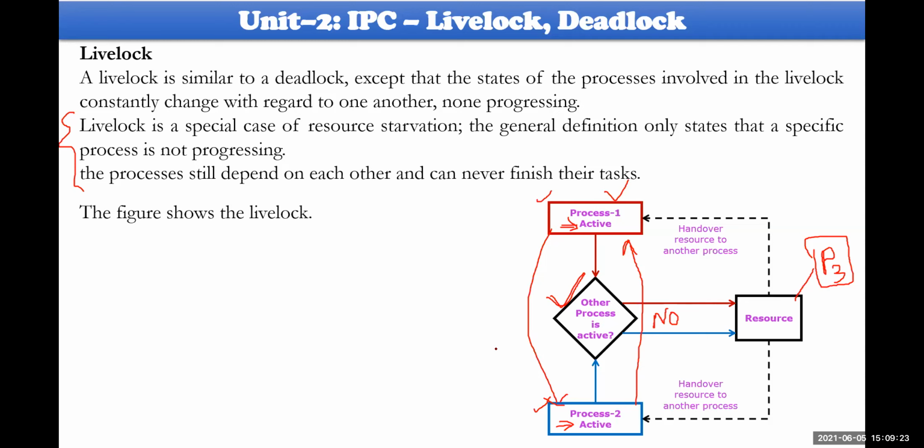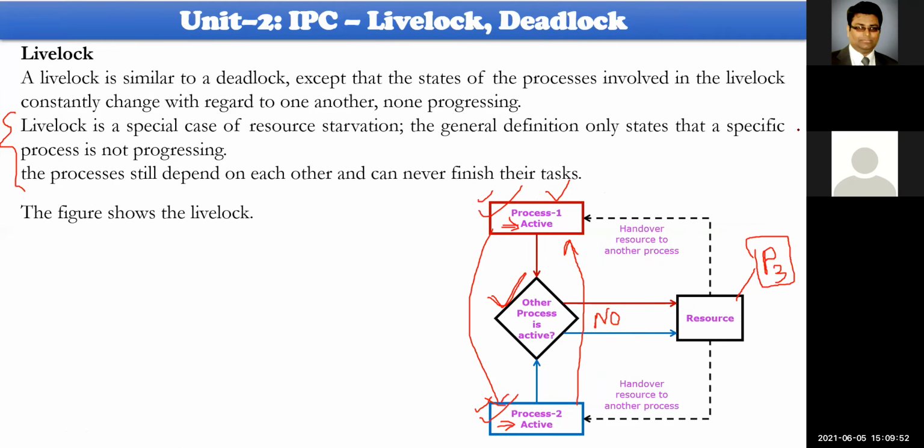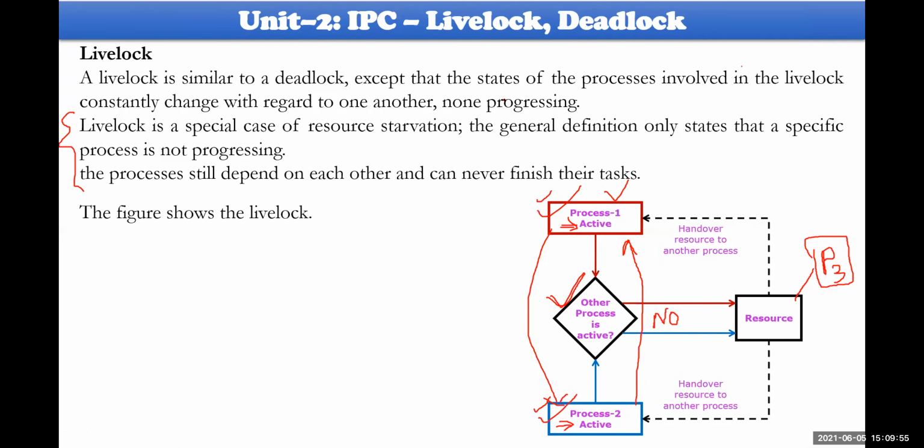They are trying to acquire that particular resource continuously without any delay. Because of sensing that resource activity, neither process can perform any other operation. There is no progression. Without any progression, these two are quarreling with each other.